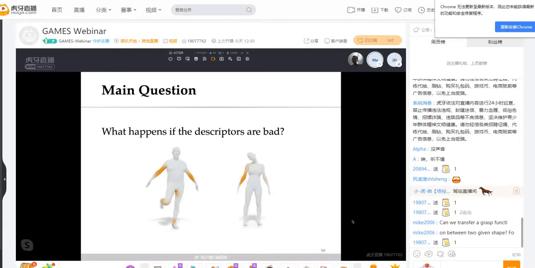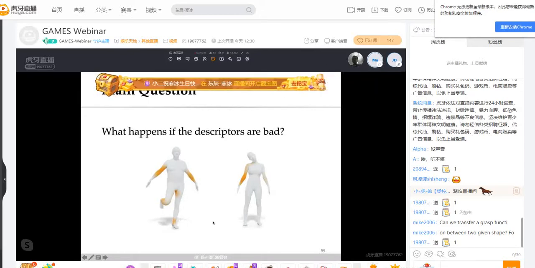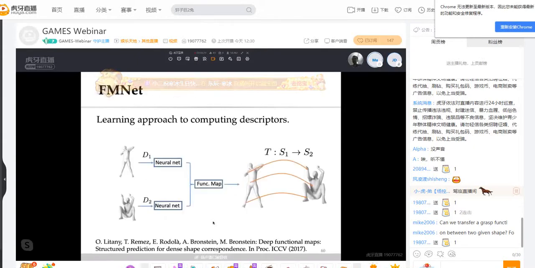This is a bit of work, and in some cases the descriptors can be bad. These are, for example, examples of commonly used SHOT descriptors. As you can see, they have some signal, but they're not very consistent with respect to the underlying correspondence. Of course, if that is the case, the pipeline that I described won't work very well. So one question is, what can you do in this case?